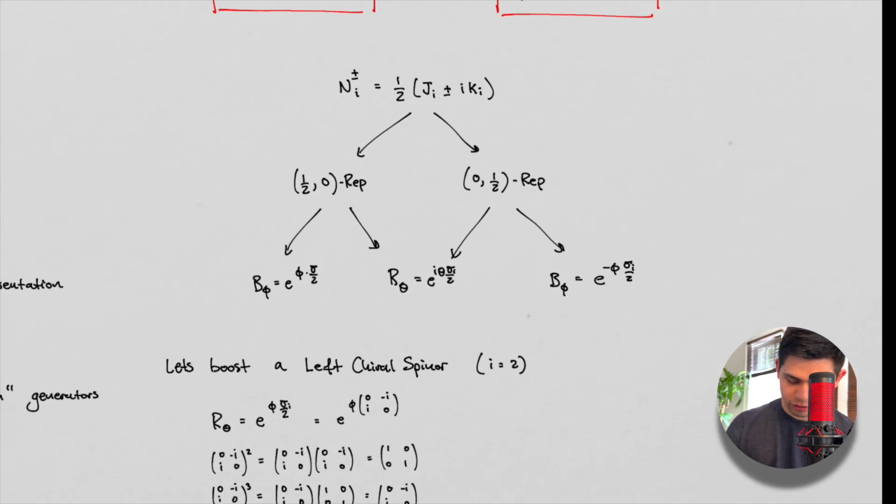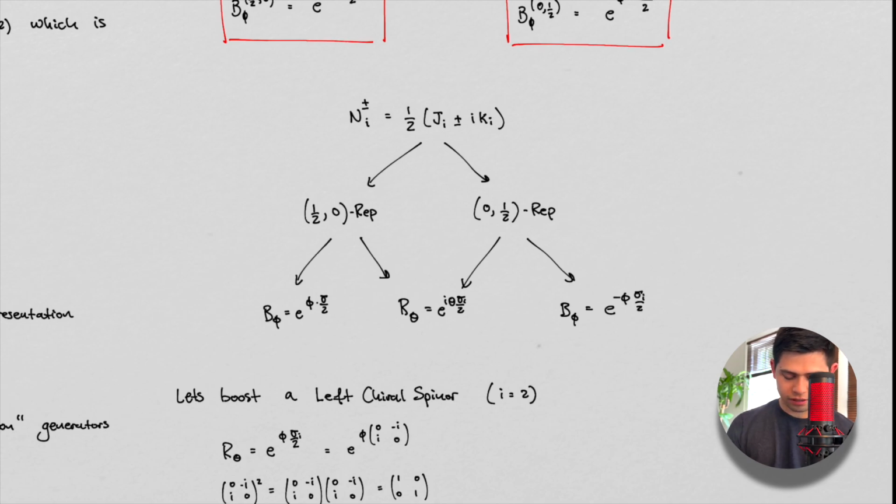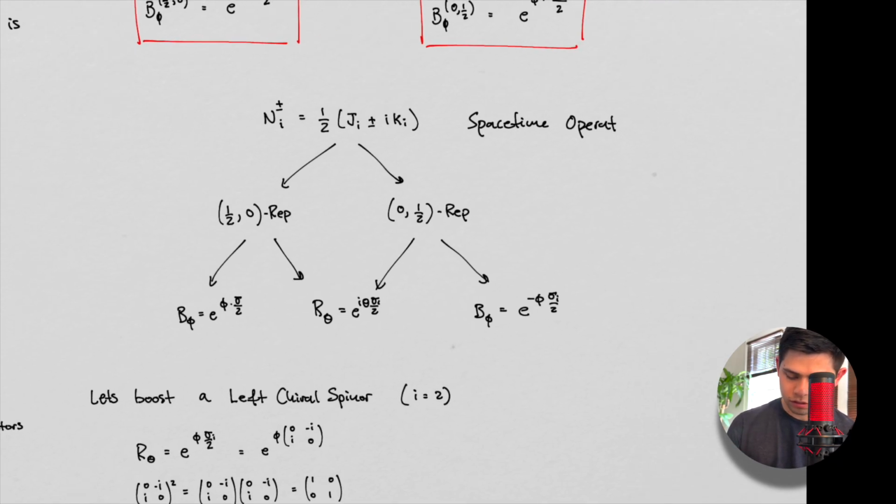So I actually put this into a diagram because I think this is very useful. We started off with unifying our generators that act on space-time. So I'll write that here, space-time operators. We can think of them as space-time operators because they're 4x4 matrices. They act on 4-vectors.